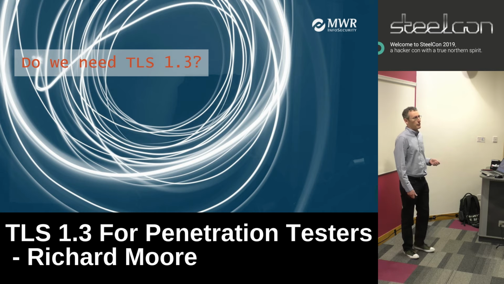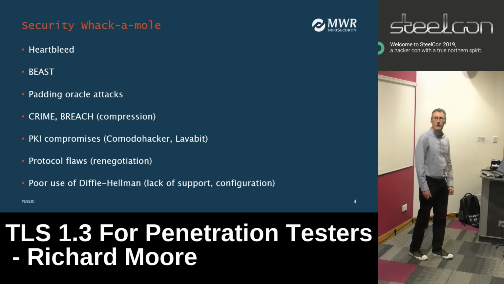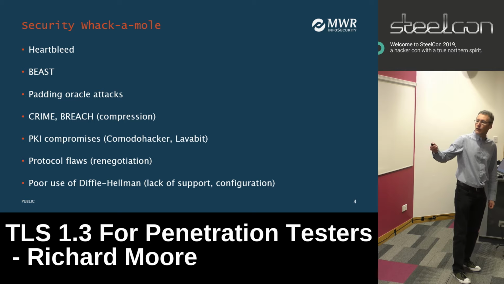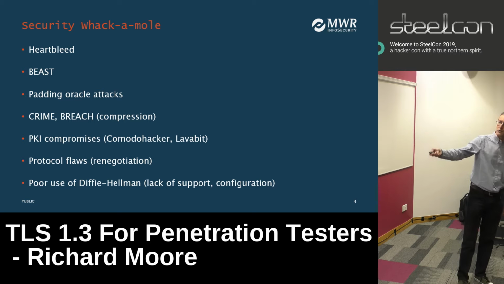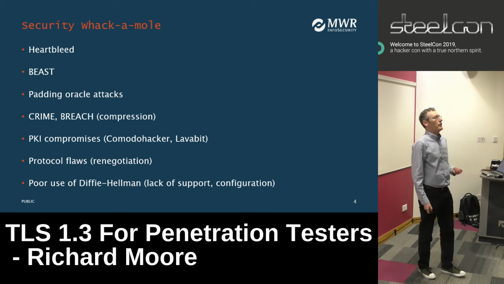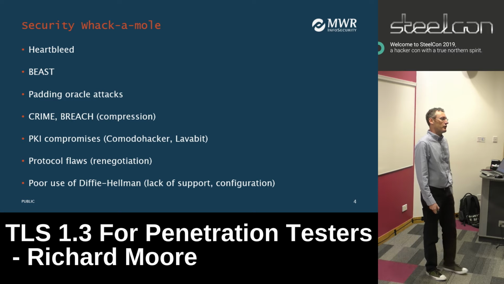So there's been a lot of work gone in over the years to try and patch it up. What we've been doing is basically playing whack-a-mole. That is sadly not every vulnerability. That's just some of them. So Heartbleed, that's an implementation flaw. It affected some versions of OpenSSL, and it basically allowed you to access bits of server memory.